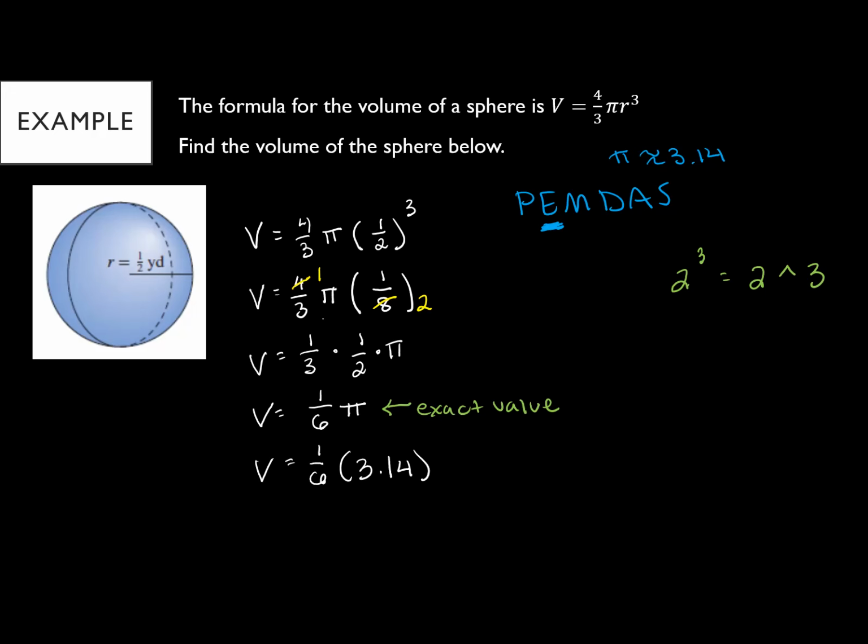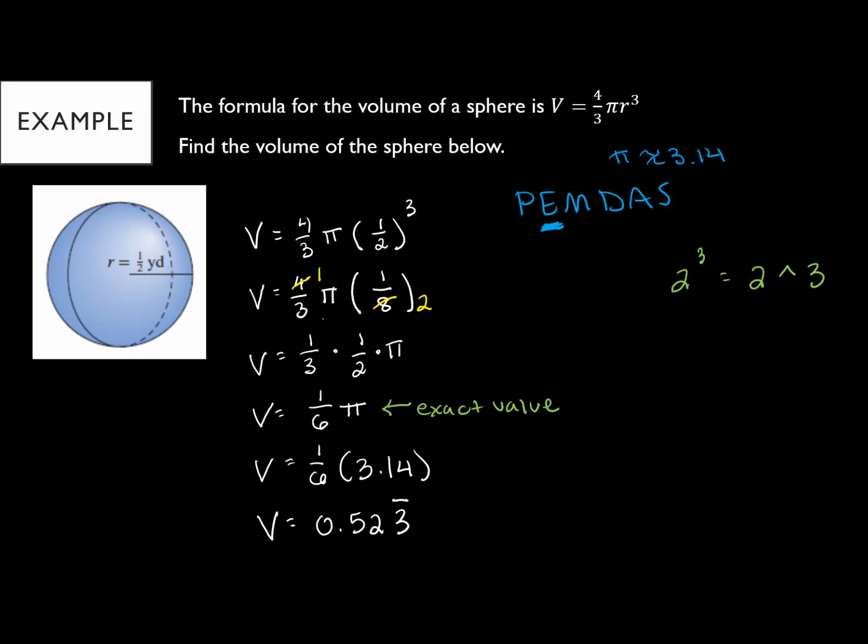So if you were to put this in your calculator, you would do 1 divided by 6 and then times 3.14. And then we get some really nasty decimal here. Actually, it just kind of goes on forever. I get 0.523 with the 3 repeating. So a repeating decimal you can indicate with a line on top. That's if I use 3.14.